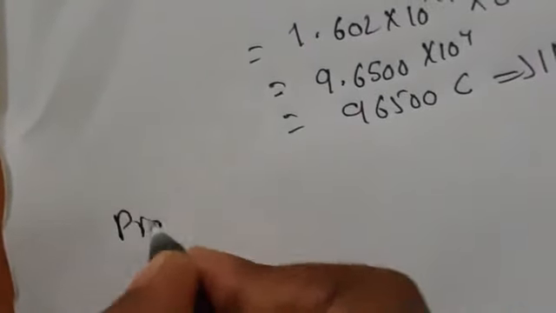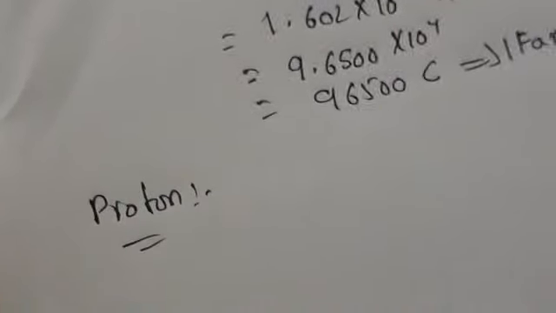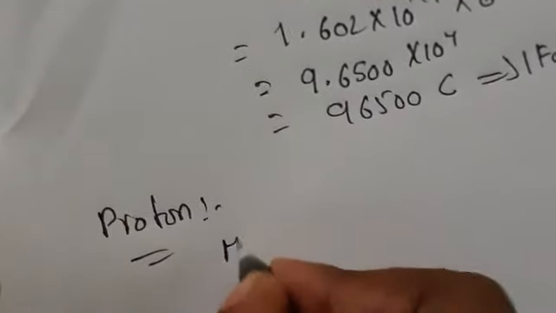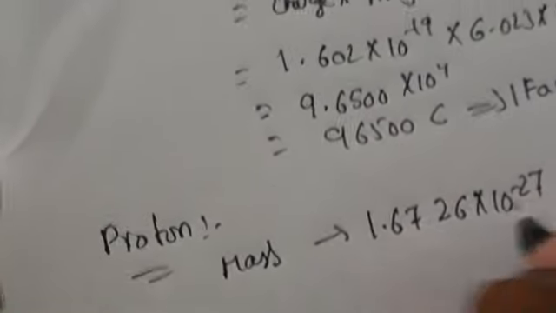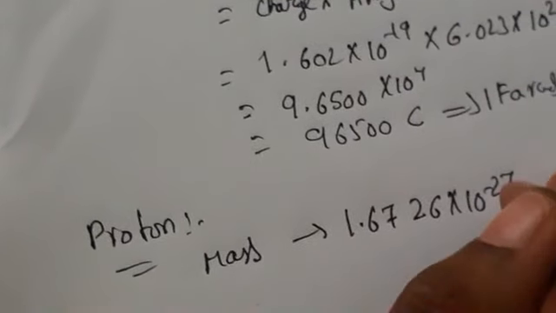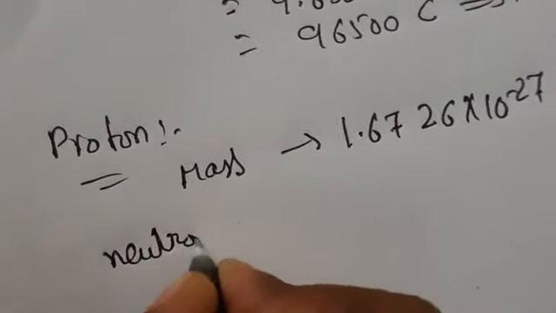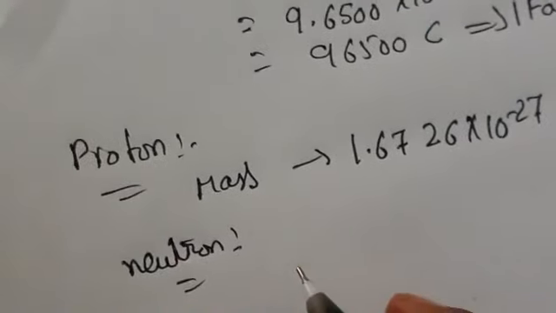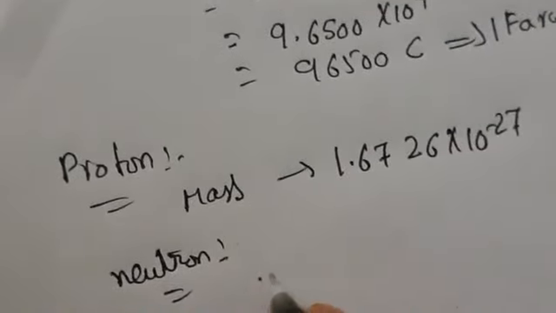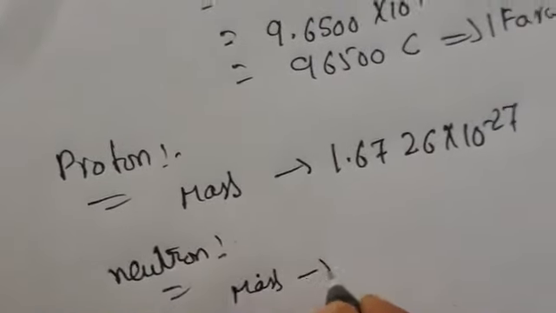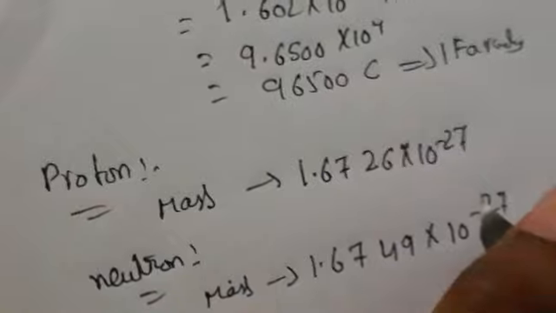And now coming to proton. The proton has a positive charge, and its mass is 1.6726 into 10 to the power minus 27 kg. And for neutron, the mass of the neutron is 1.6749 into 10 to the power minus 27 kg.